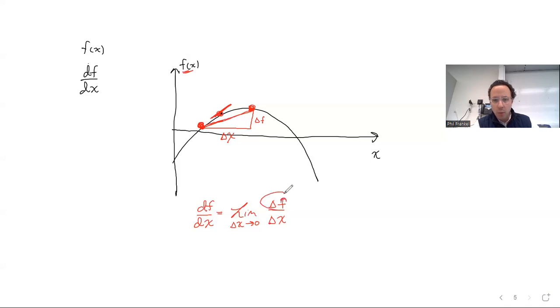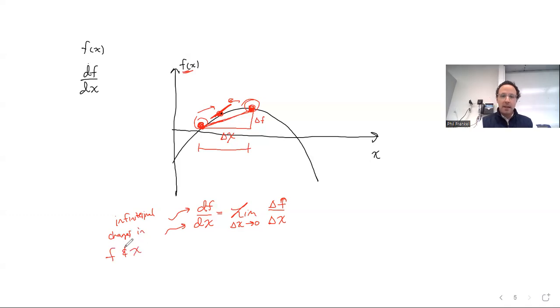This is how you calculate slopes between 2 points in general. You find the change in y, or the change in f in this case, and you divide by the change in x. What we're doing is shrinking this delta x interval down until the 2 points collapse into the single point of interest. And so we should interpret df and dx as infinitesimal changes in f and x.